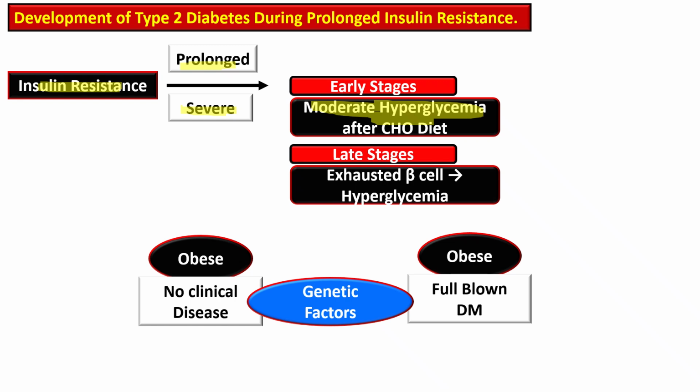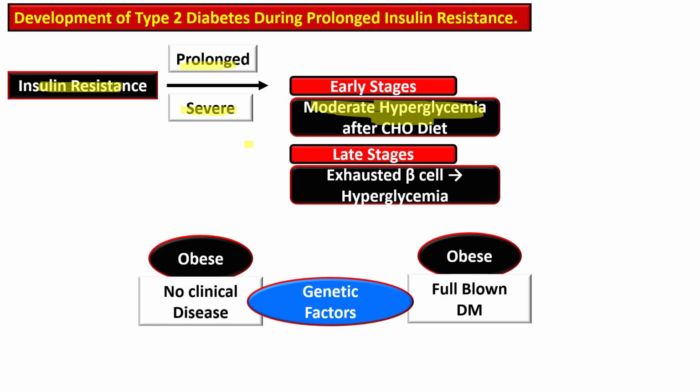Then there is an intermediate state where the beta cells start to decline. There is continuous overproduction of insulin, and this overproduction strains the beta cells. So in the postprandial state, the glucose level rises, leading to moderate hyperglycemia.